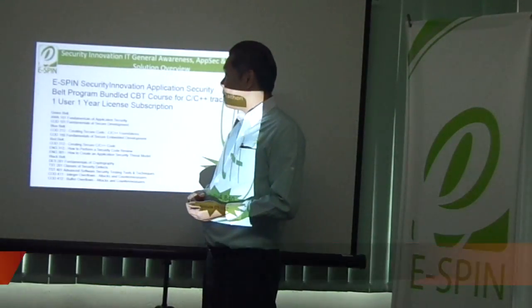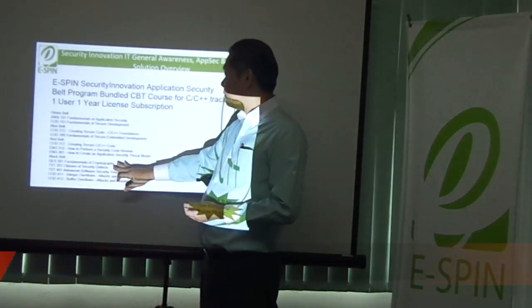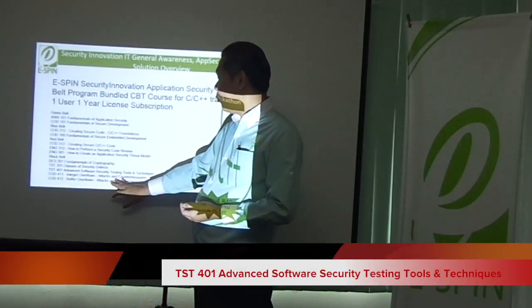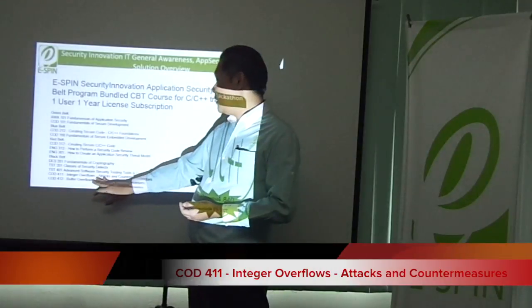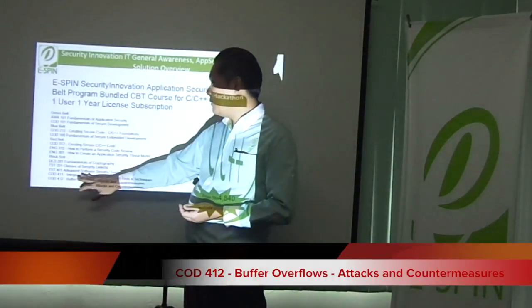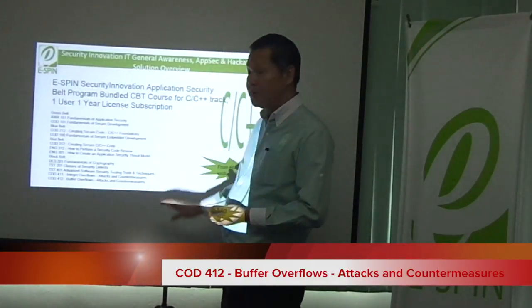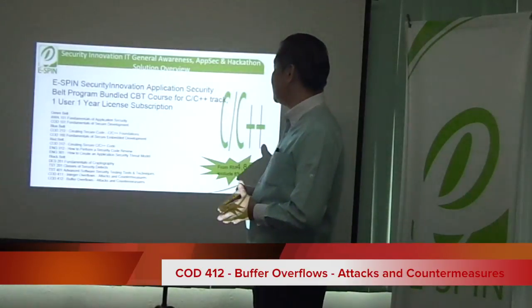And then for black build courses, we have the foundation of cryptography, classes of security defect, and software security testing tool and techniques, integral overflow attack and countermeasure, and then buffer overflow attack and countermeasure in a single build program bundle for the C and C++ track.